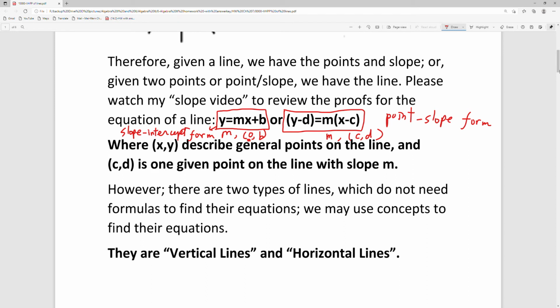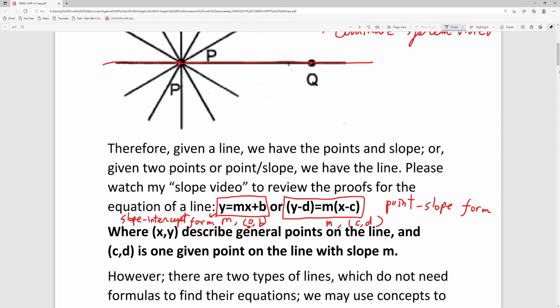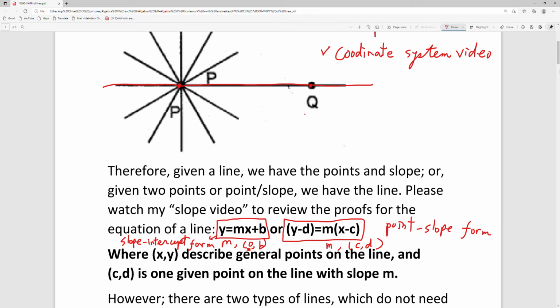So on the slope video, I proved this formula for you, and on today's video, I emphasize that you need 2 givens to decide the equation. So how about if I had 2 points, AB and CD, without slope?